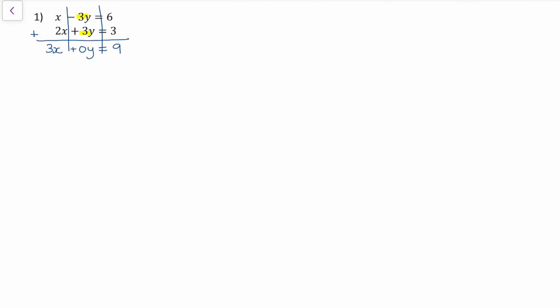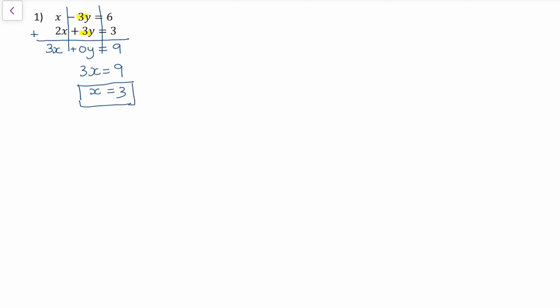So if you've done this correctly, either your x's or your y's will have a 0. If you still have a number in front of your x or y, you haven't done it properly. So what this leaves me with is 3x equals 9, meaning I can solve for x. So I'm going to divide both sides by 3, and I get x equals 3.